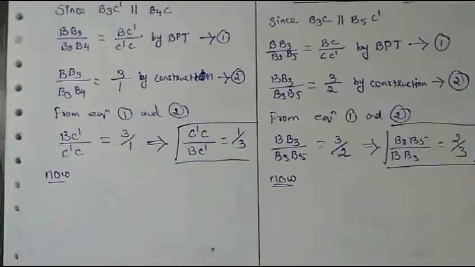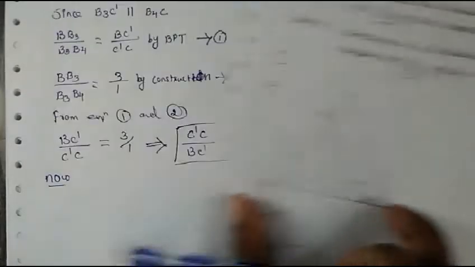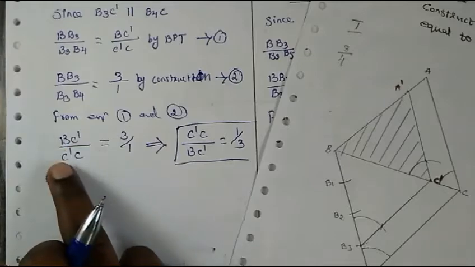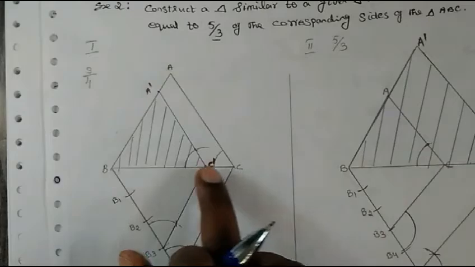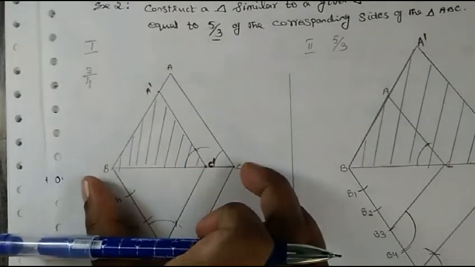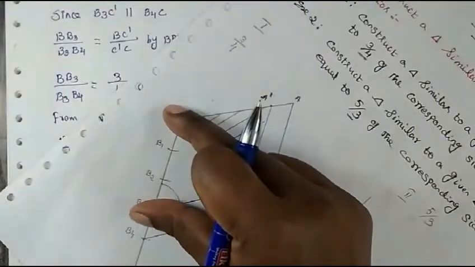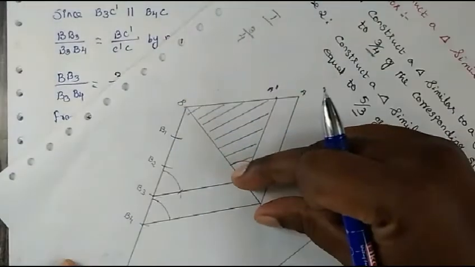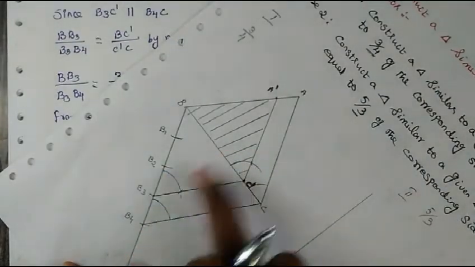Now what you have to do, you see here, this part, what is this? BC dash, C dash C, that is BC dash, C dash C. This part, we have proved because we saw that these ratios are same. Here 3 parts means here also 3 parts. Here 2 parts means here also 2 parts. Here 1 part means here also 1 part. Okay, this ratio is equal, we said.